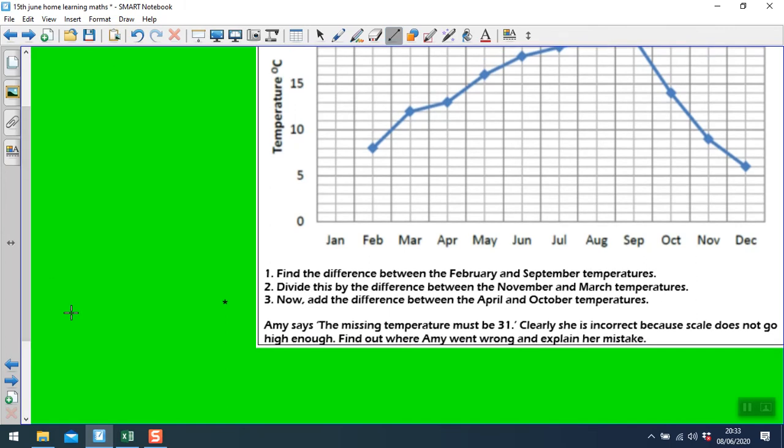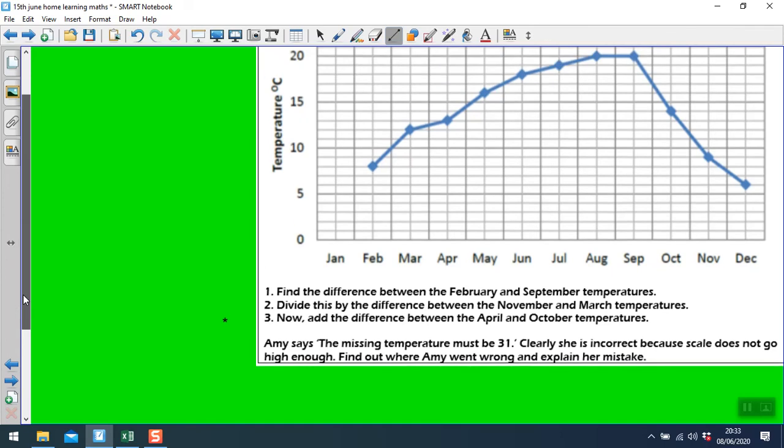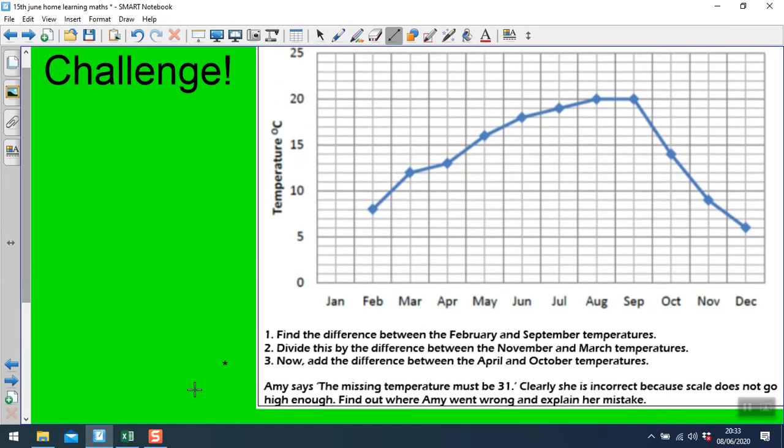Find the difference between the February and September temperatures. Divide this by the difference between the November and March temperatures.